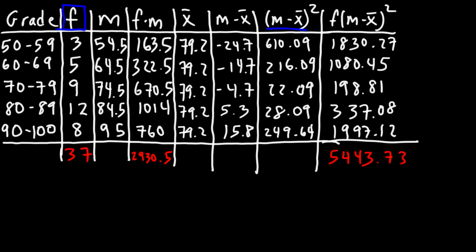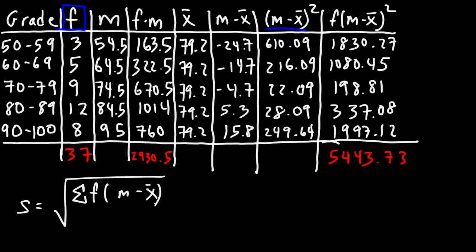Now that we have the sum of the frequency times the deviation squared, we can calculate the standard deviation using this formula. So it's going to be the sum of the frequency times the square of the deviations divided by n minus 1.